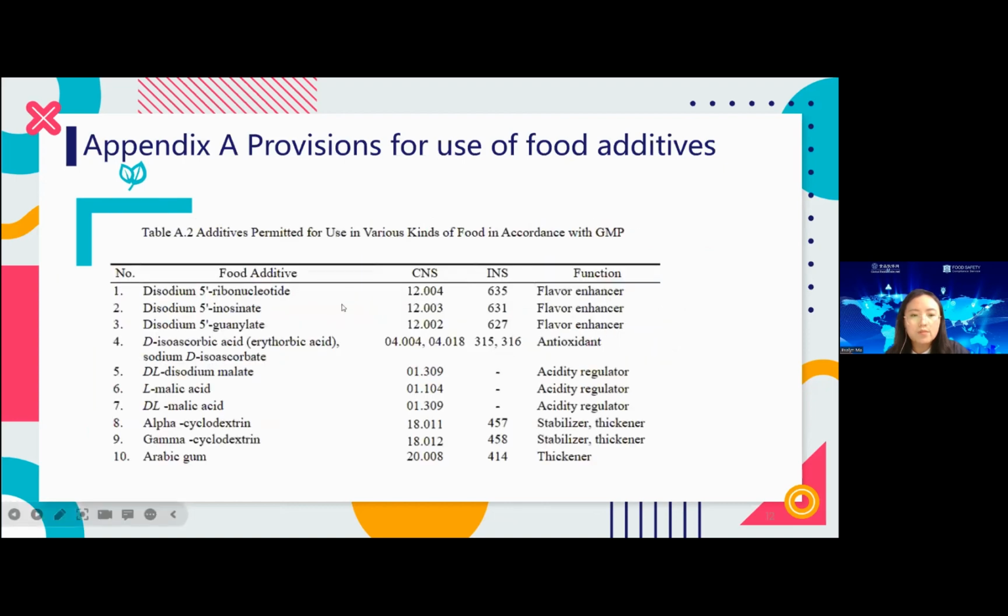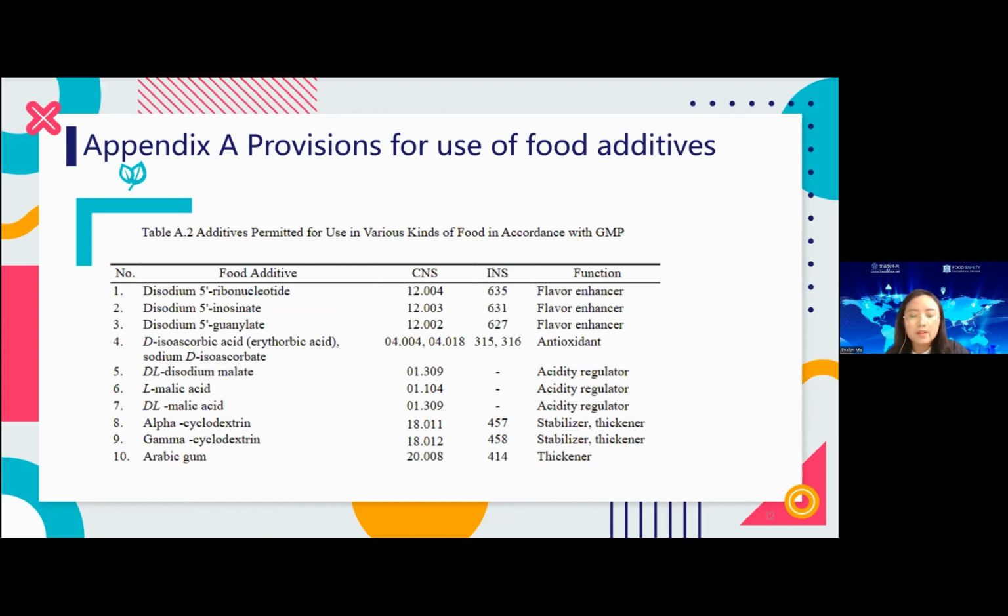Well, for the table A2, it might be a little bit complex, as it includes the food additives that can be used in all types of foods at appropriate dosage according to the production requirements.